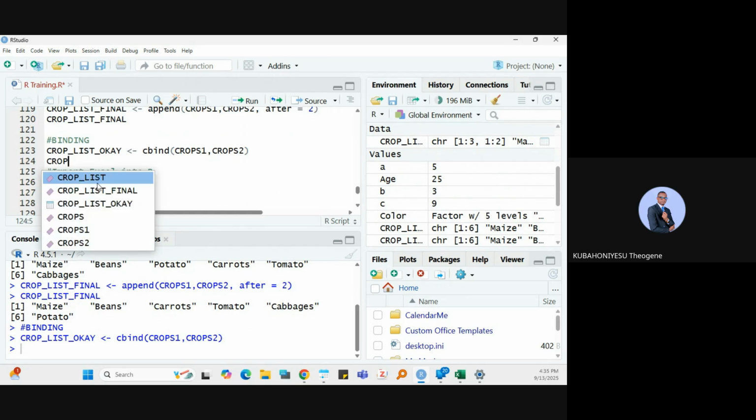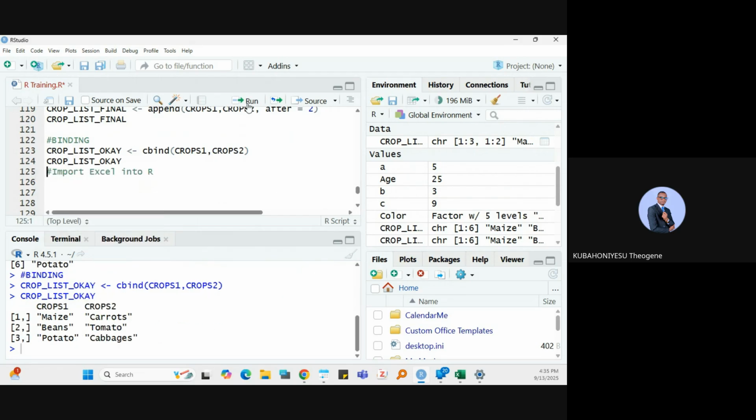Okay, you see? Crop 1, a list. Crop 2, a list. This is the table format. That is what we call C bind, column bind. You can also do row bind. It depends on the data set you have. But this one is for column bind because we have columns here.